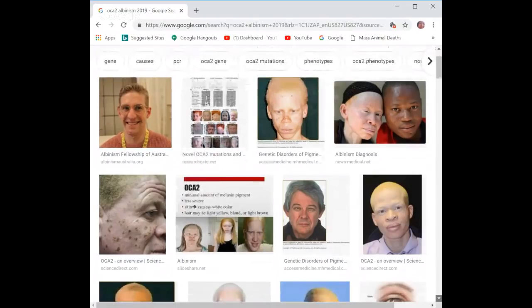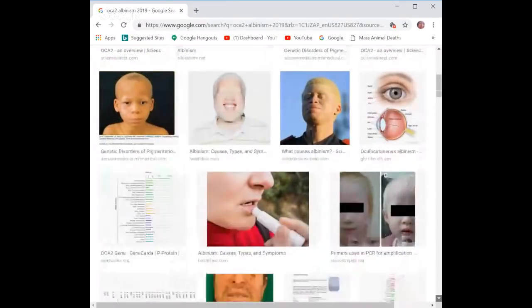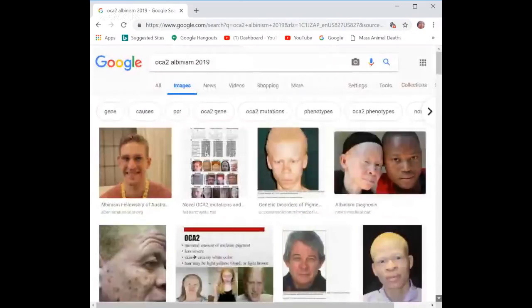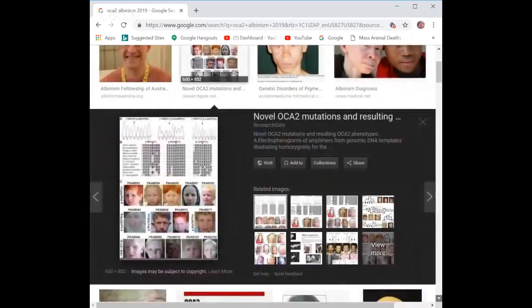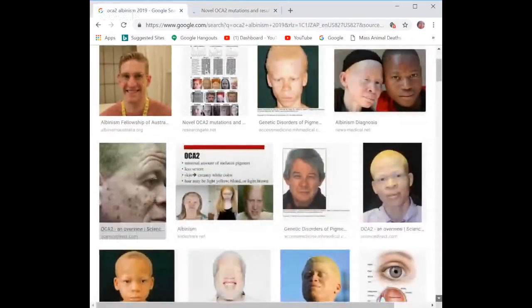So what we have here is albinism shown in different ways. And if you're here, good morning to everybody who's here watching this, or good afternoon to you. Let's see. So I won't be too much longer. I know people have things they want to do. So while that loads, I'm going to go back to the images.